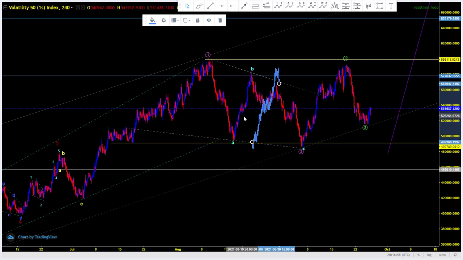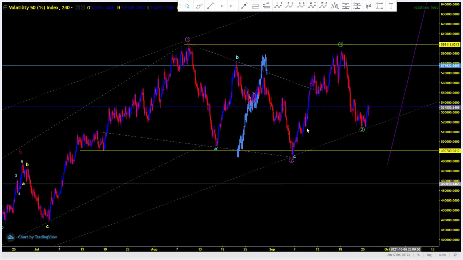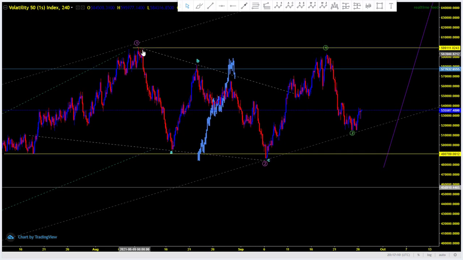Let's study this together. From a price action perspective, from technical analysis, pure price action, what do you see here? What exactly do you see here? Look at that, 1, 2, 3. Look at this leg and look at this leg.